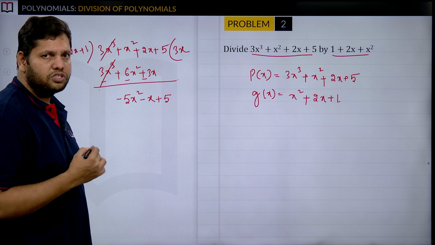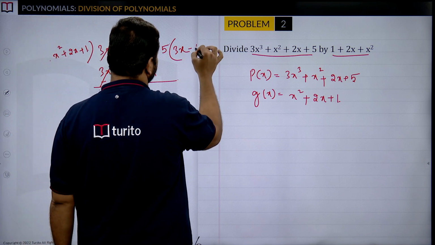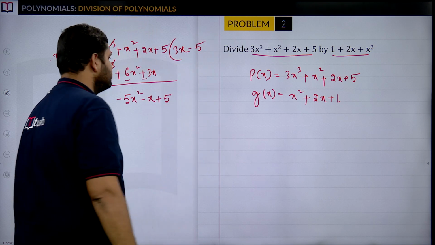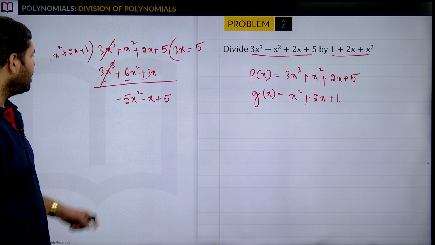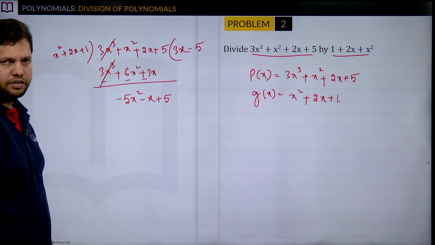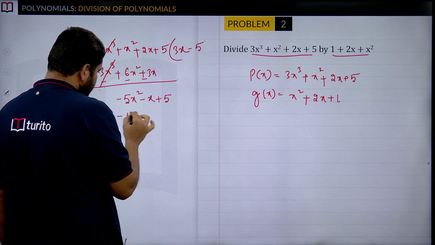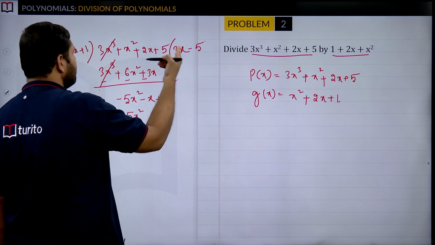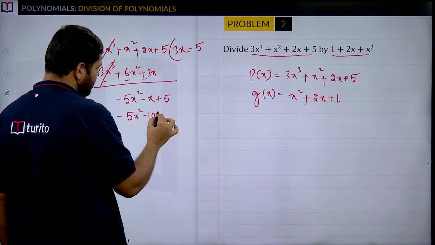Now, children, I want to get minus 5x square term, but I have here only x square term. So can you tell me, children, which number we need to multiply? We need to multiply a minus 5. Yes or no? I am multiplying with minus 5. If I multiply with minus 5, I am going to get this minus 5x square term. So minus 5 into x square, we can say minus 5x square. Minus into plus, this is minus 5 into 2x, so this is 10x.